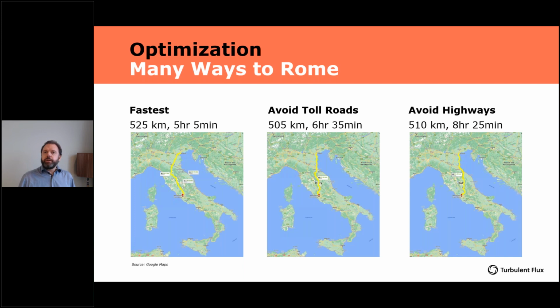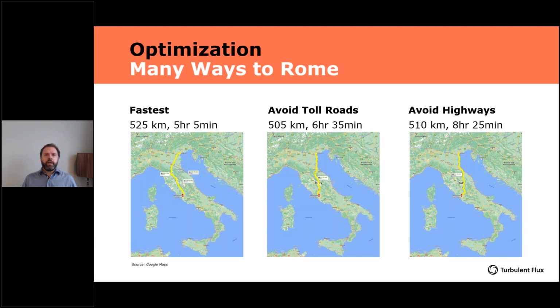Or you can say, I'll spend a few days in Rome anyway, so let's avoid the toll roads, save some cost on the drive, and instead spend that on entrance fees, nice Italian cuisine, and a better hotel. Or you can take the point that highways are dull and boring. I want to see the countryside, visit a vineyard or 2, and make the most out of this drive. It's all about your objectives and what you wish to achieve.